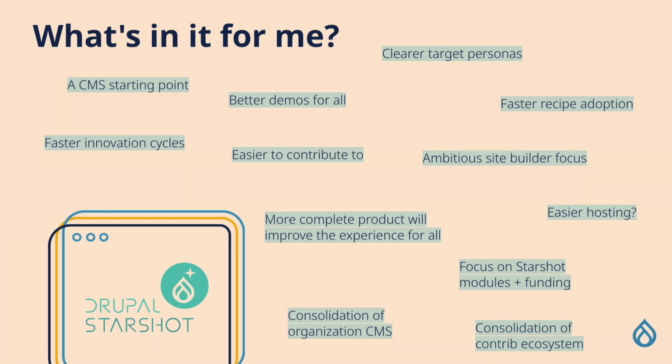I also like that we are finally having this more complete product that will improve the experience for everybody, because core did not think about what happens to the admin menu if you have 100 modules, or how the permission page will scale with this many things. I mean, there are issues for that, yes, but there are no solutions.